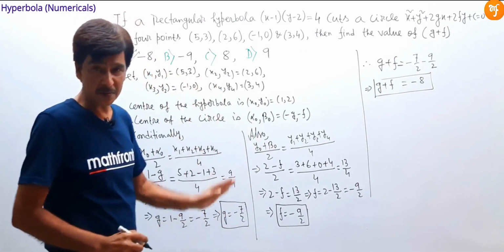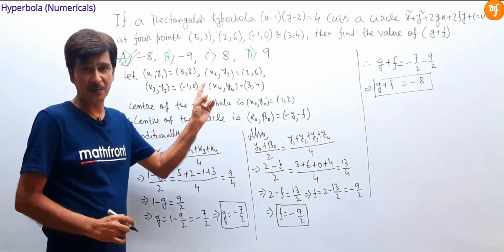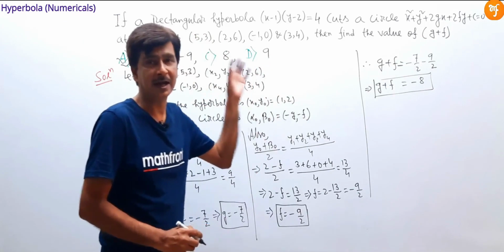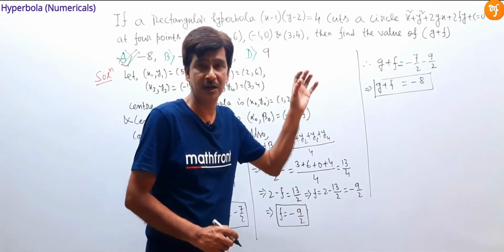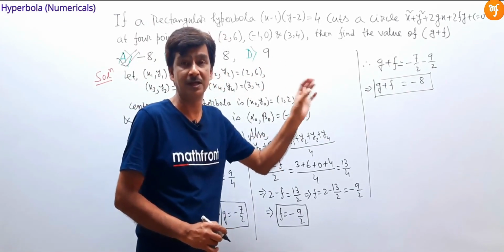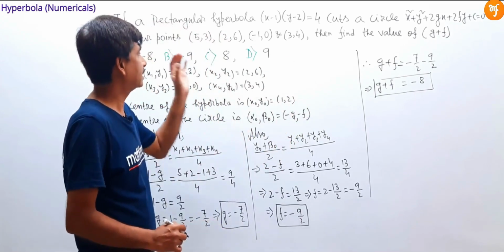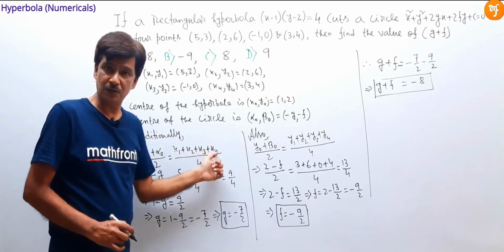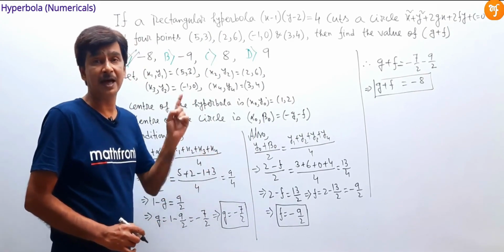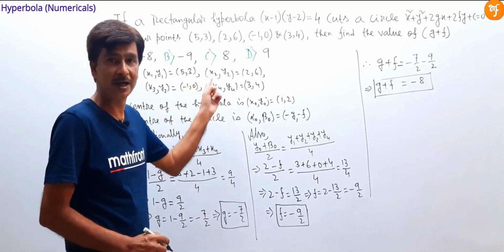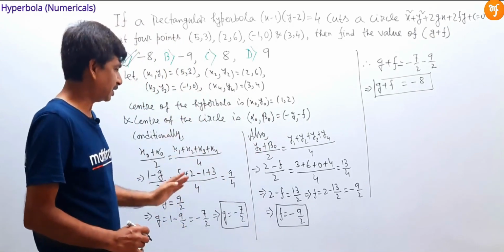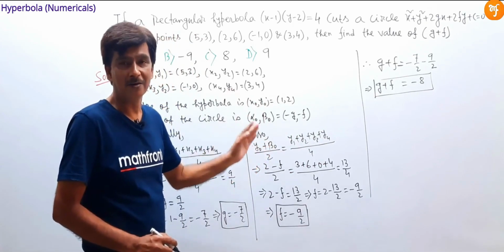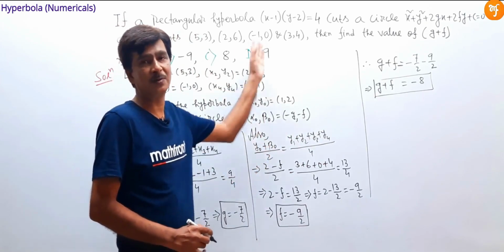So the main important thing here is, if any hyperbola cuts any circle at 4 points and the coordinates of the 4 points are (x1, y1), (x2, y2), (x3, y3) and (x4, y4), then the arithmetic mean of x1, x2, x3 and x4 is just the arithmetic mean of the abscissa of the centers of the hyperbola and circle, and the arithmetic mean of y1, y2, y3 and y4 is the arithmetic mean of the ordinates of the centers of the hyperbola and the circle.